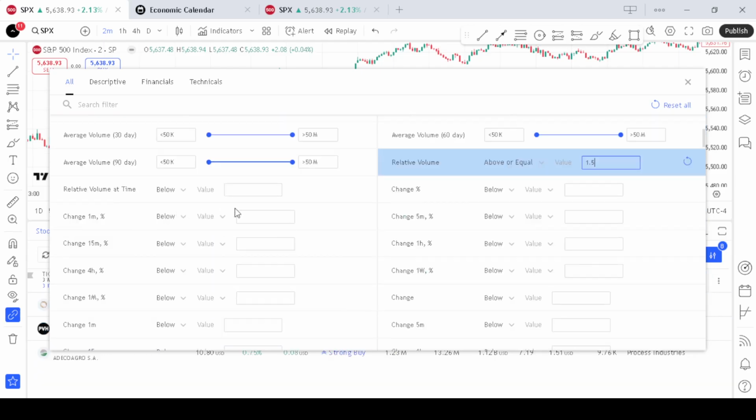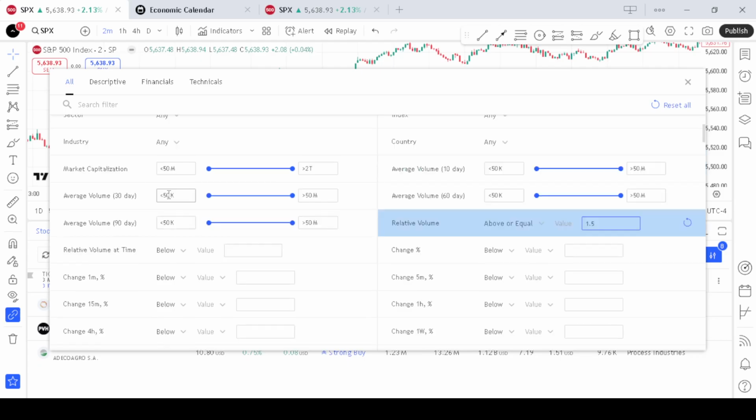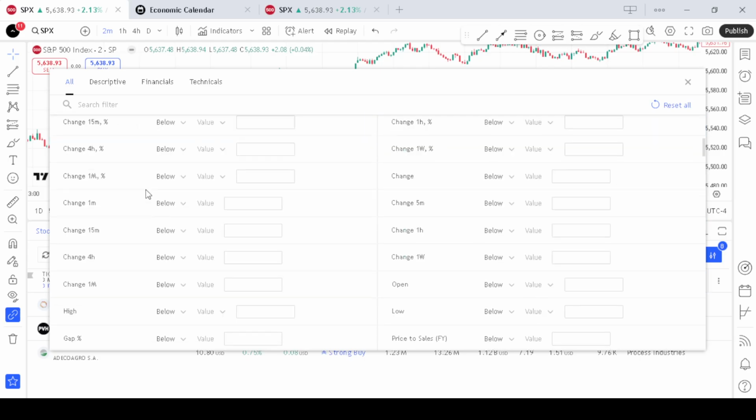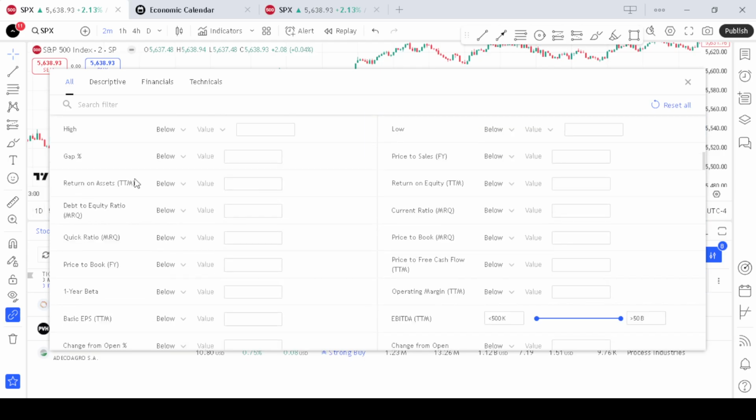Then the next thing we need to do for swing trading. If we want to edit this for swing trading, all we need to do is go to our relative strength index on this filter indicator area.